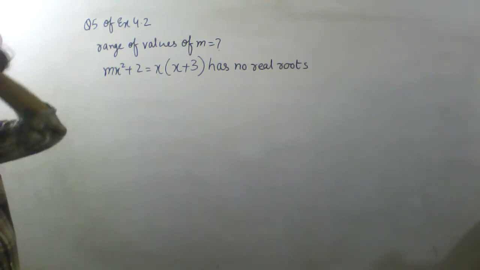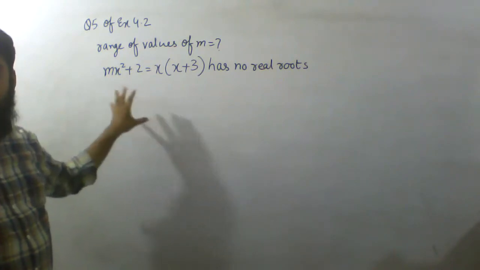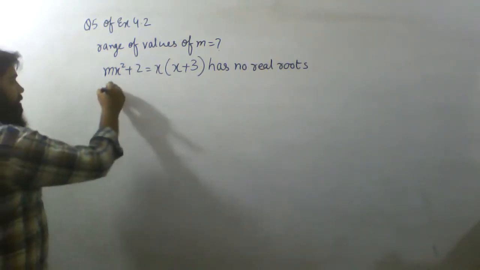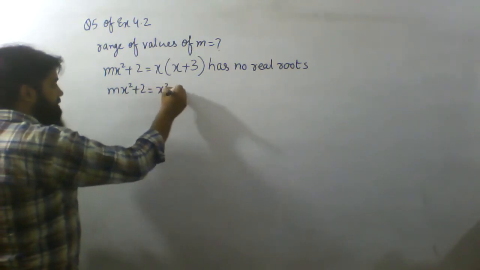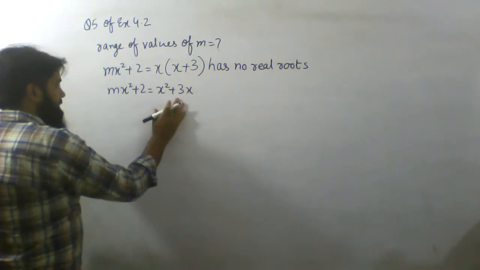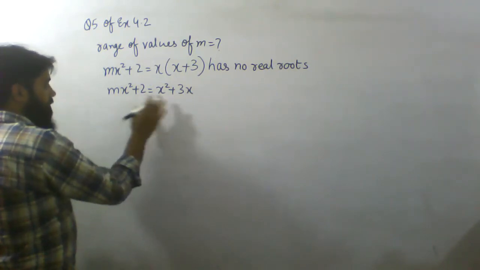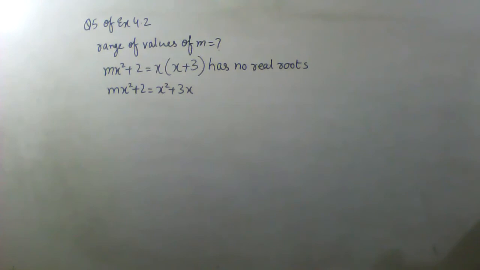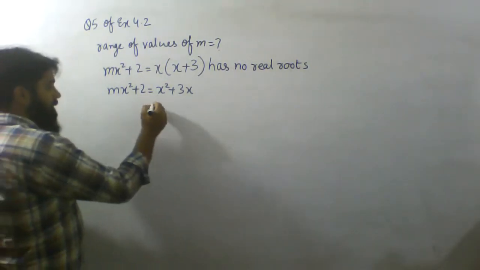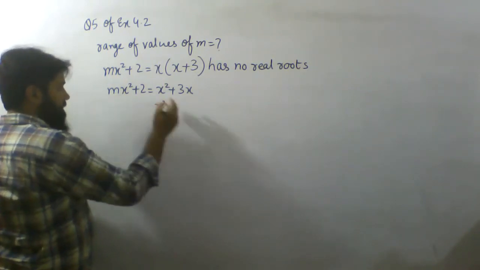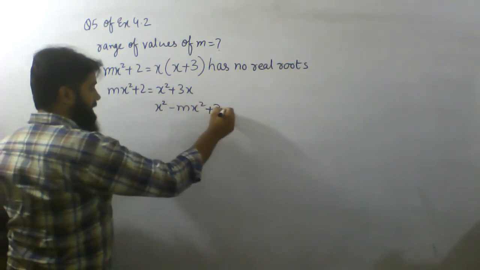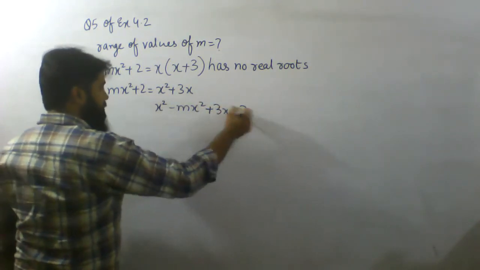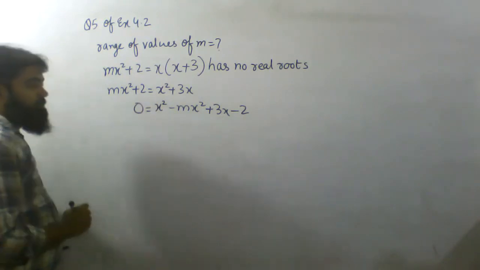So first thing, I will expand it and bring it in the simplified form. So mx square plus 2 equals x square plus 3x. When I shift it over here, x square minus mx square plus 3x minus 2 equals to 0.